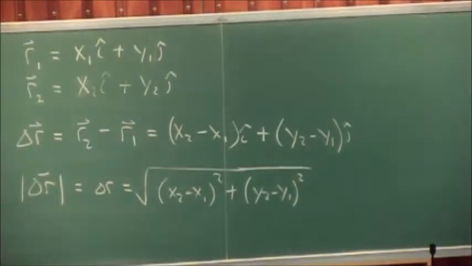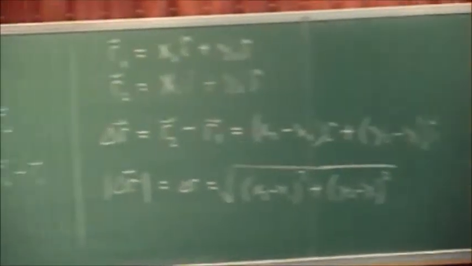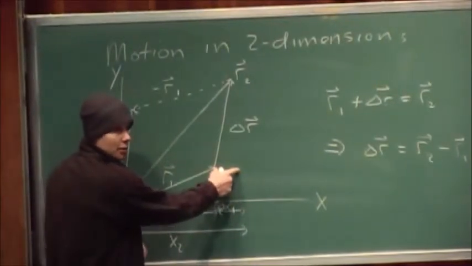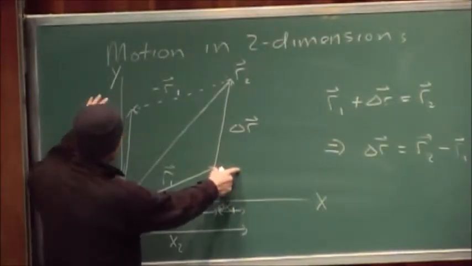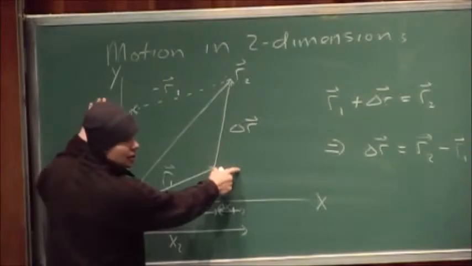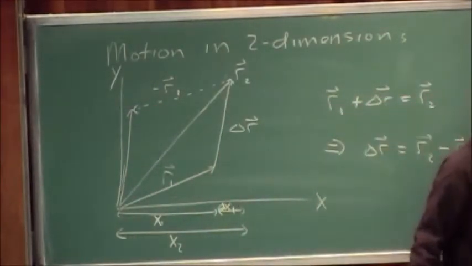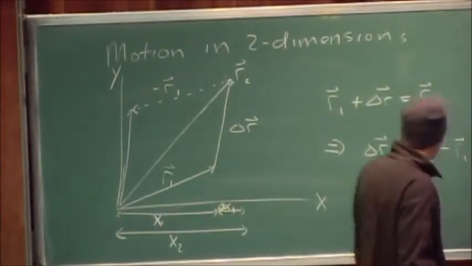Now, if you think about it from a triangle perspective, with delta R, all we're saying is, what is the component along the x-axis here? And we're squaring that. What is the component along the y-axis? Squaring that, summing them, and that gives me the length of that vector. So that's the magnitude associated with that vector.